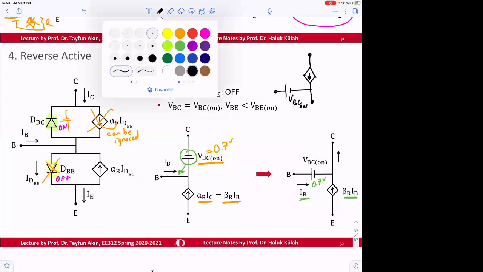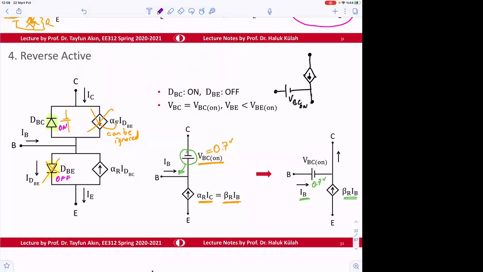But here, the value is going to be beta R times I base, and this current is I base, and the current here is, what was this node? Was emitter, right? So this is emitter. Now I call this thing emitter current, but the direction is reversed. And then this current is collector.